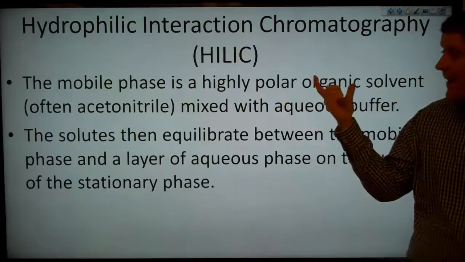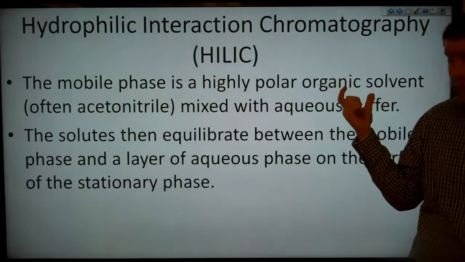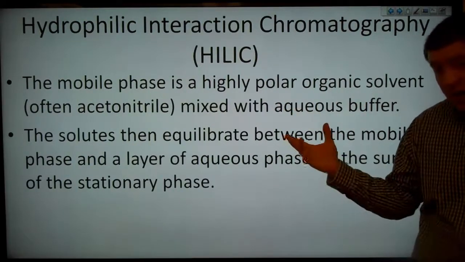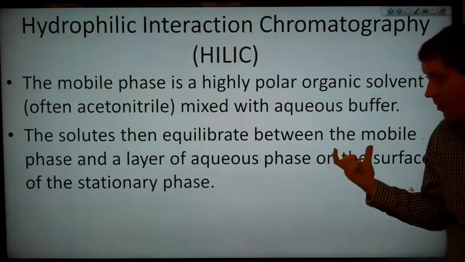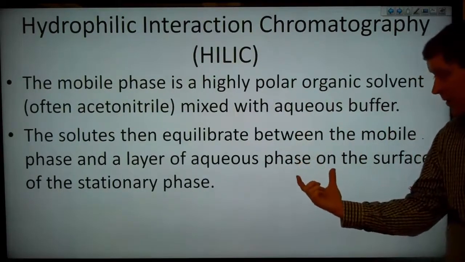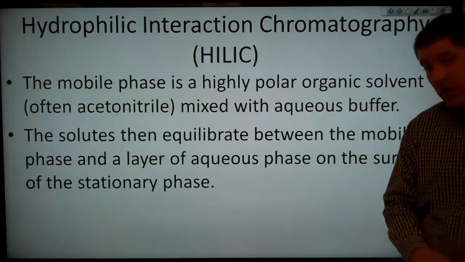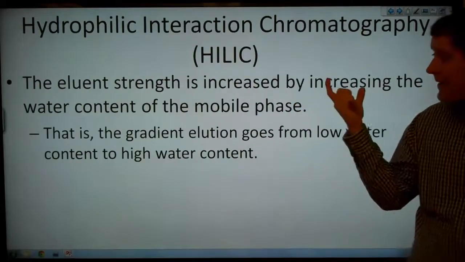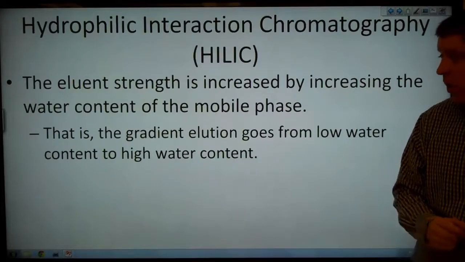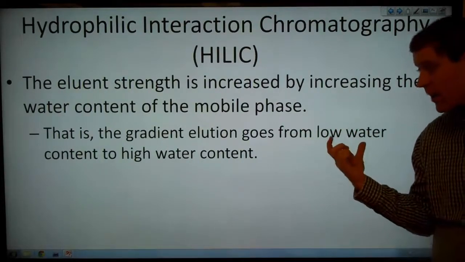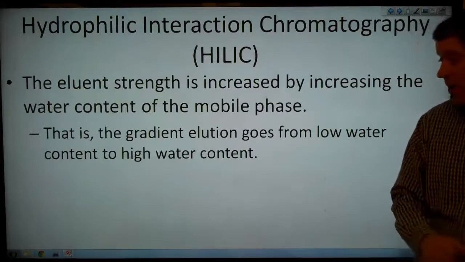The mobile phase is a highly polar organic solvent, often acetonitrile, mixed with aqueous buffer. The solutes then equilibrate between the mobile phase and a layer of aqueous phase, so water, on the surface of the stationary phase. The eluent strength is then increased by increasing the water content of our mobile phase. That is, the gradient elution goes from low water content to high water content.